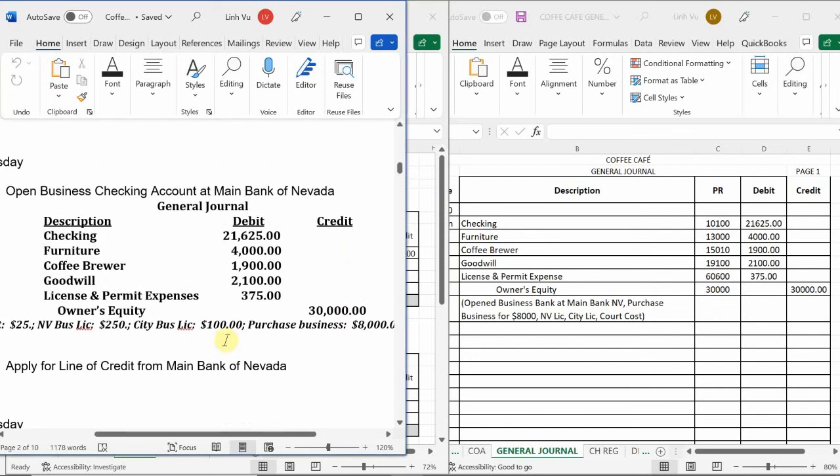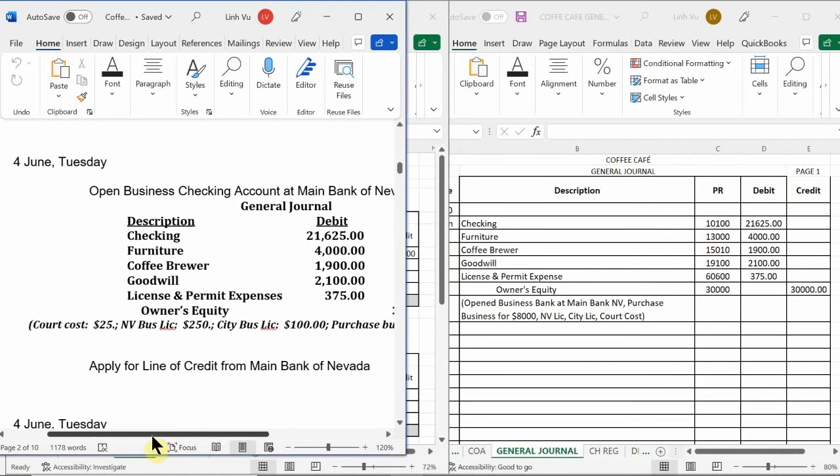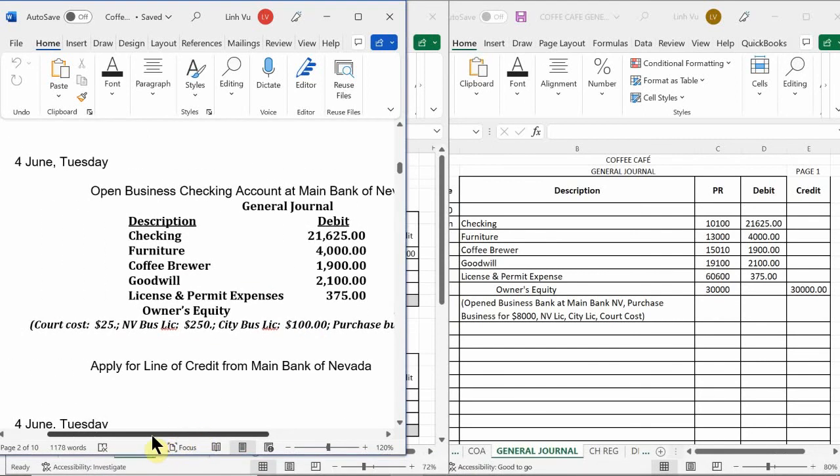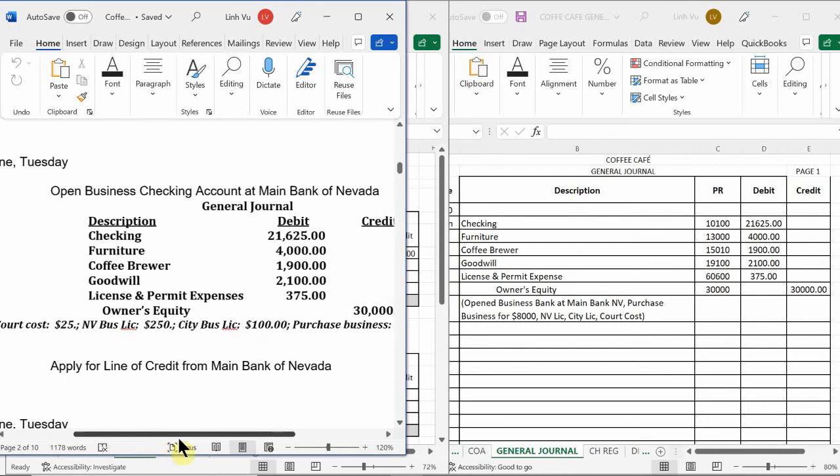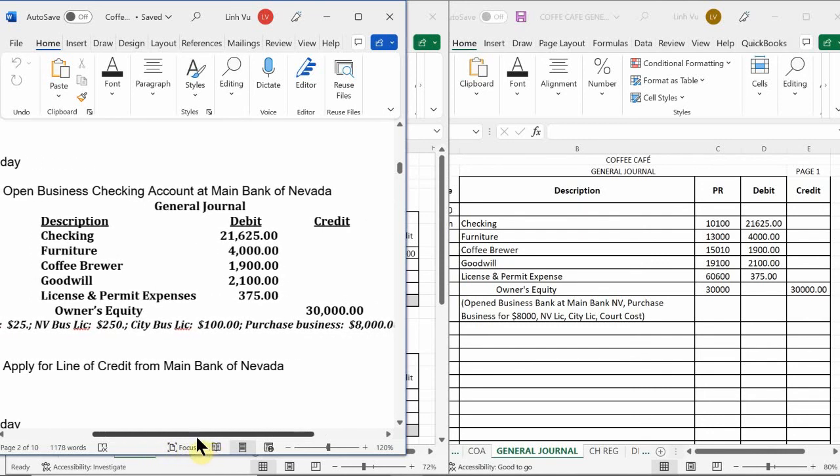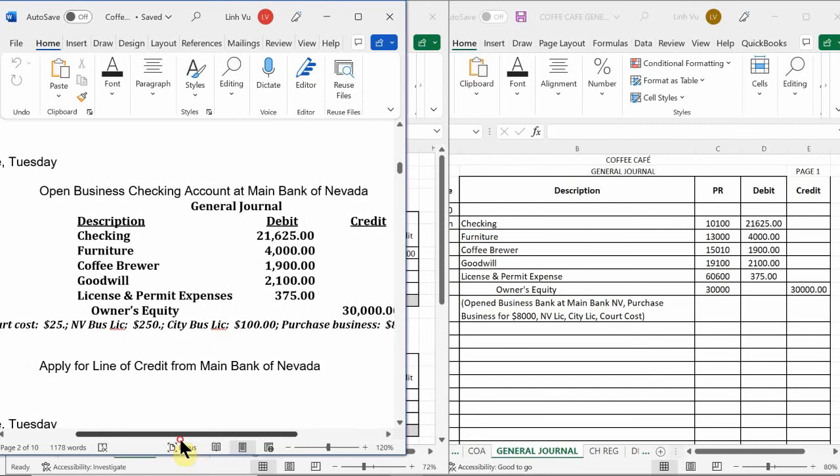So it says here that you end up applying for a line of credit from Maine Bank of Nevada. So do I journalize this transaction? Yeah. Why? You would.